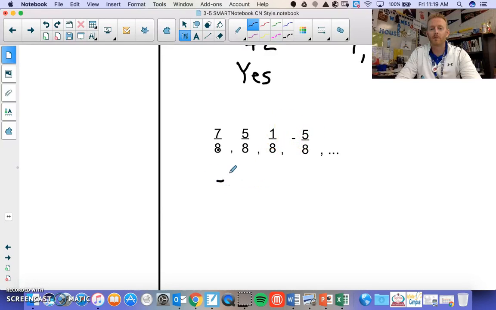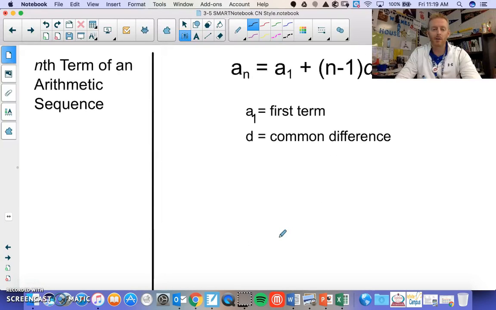Now, even though this is a pattern, this is not making us follow the simple rules of adding the same thing or subtracting the same thing every single time. So this is a no. This is not an arithmetic sequence. It's something else. We'll talk about it later, maybe in some other chapter. All right, let's move on.